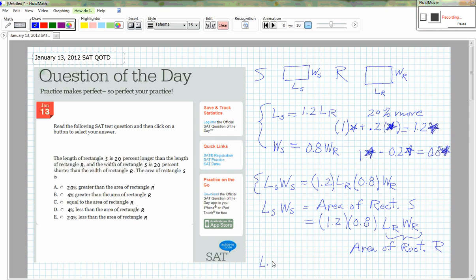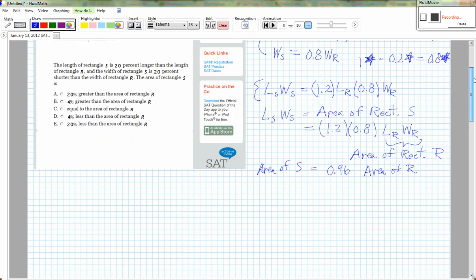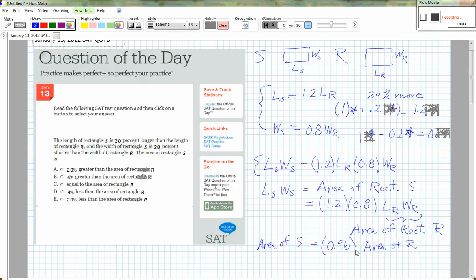So what I get is the length of rectangle S times the width of rectangle S, or actually that's the area of rectangle S. Area of S, we'll say, is 0.8 times 1.2, which is 0.96 times the area of R. So now if you look at this for a second, remember 1 times star is 100%.